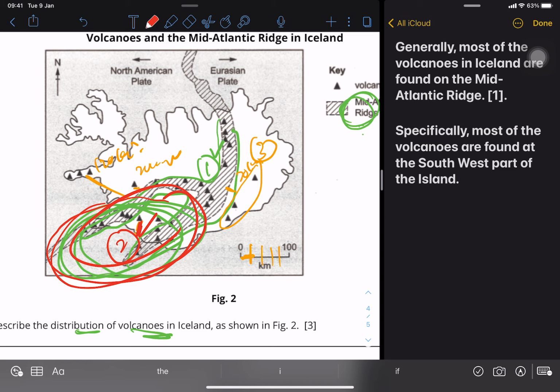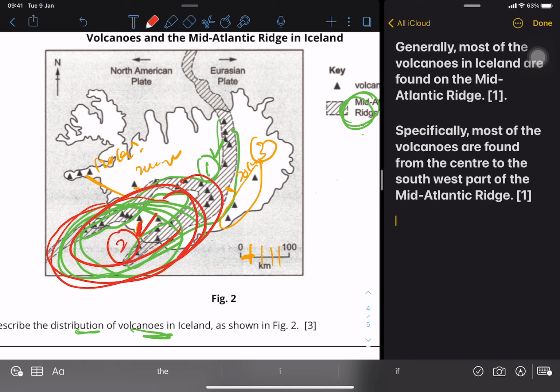Or if you want to be more specific, it is from the center to the southwest part of the island of Iceland, part of the mid-Atlantic ridge.